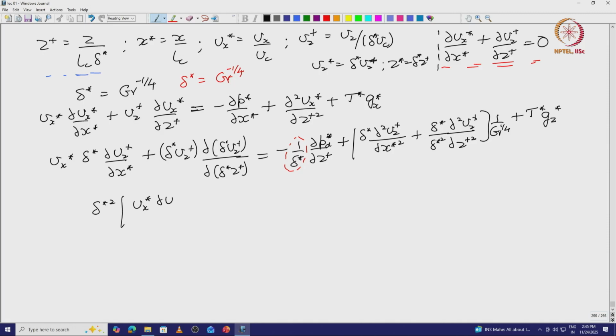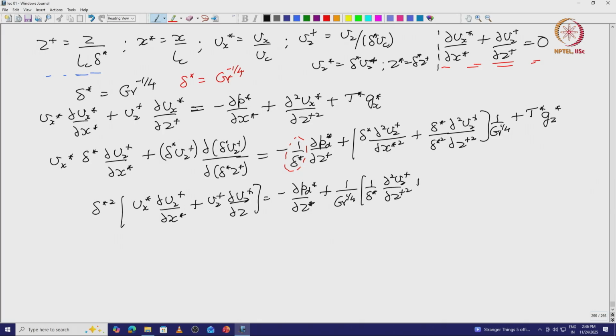Vx partial Vz plus by partial x plus Vz is equal to minus partial P d by partial z plus 1 by Grashof power 1/4, into 1 over delta partial square Vz plus by partial z plus square plus delta partial square Vz plus by partial x star square, plus T star Gz star.